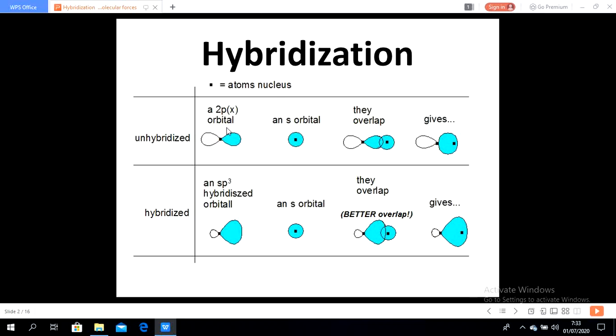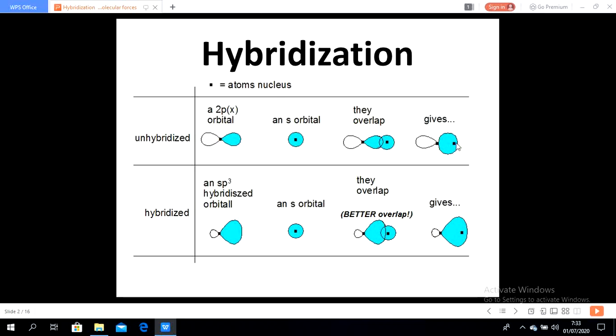We know that in p orbital there are three: px, py, and pz. This is an s orbital, and then when they make a bond, there is an overlap. Why overlap? Because they are showing that they are sharing electrons.